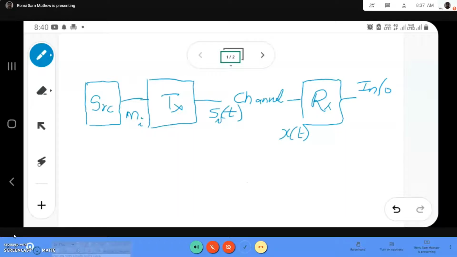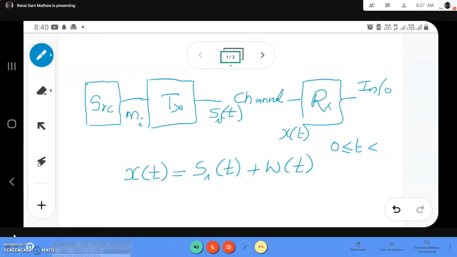We have already written that x of t is equal to Si of t plus the noise W of t, for time varying between 0 and capital T, the pulse period, and i equal to 1, 2, etc. up to m; there will be m signals.